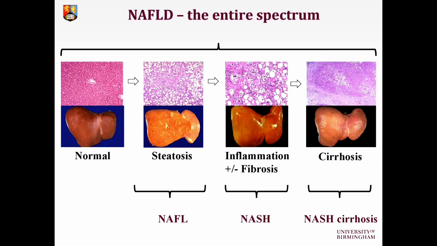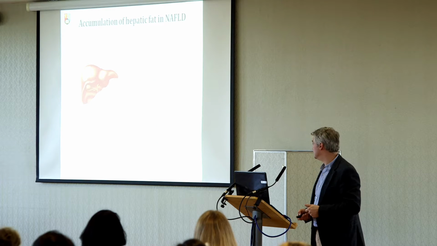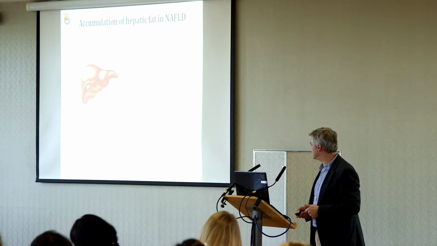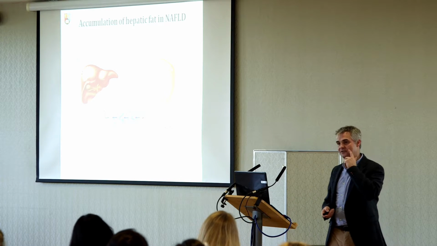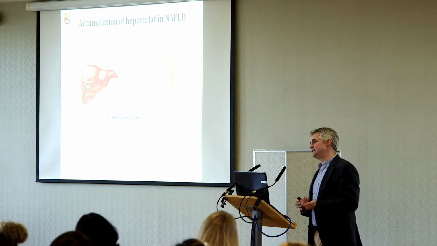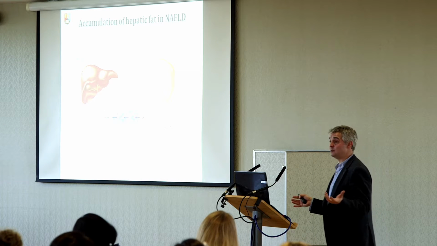And we need to identify these patients because they're the ones that we really need to pour our resources into to try and prevent them from developing more serious liver diseases. Now, the bottom line with fatty liver disease is insulin resistance, which is why you see in diabetic clinics that about 35% of patients in diabetic clinics have abnormal LFTs.